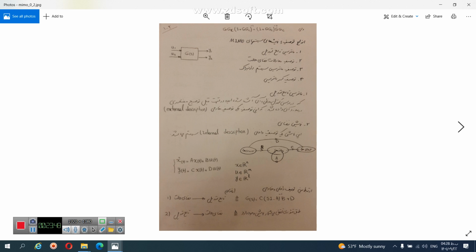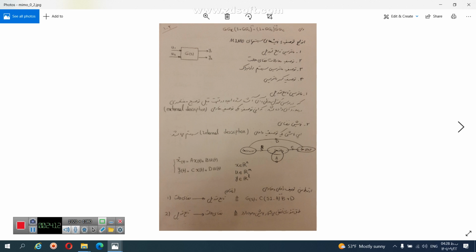Oh, I see. The description between the input of the system and output of the system can be derived by transfer function.